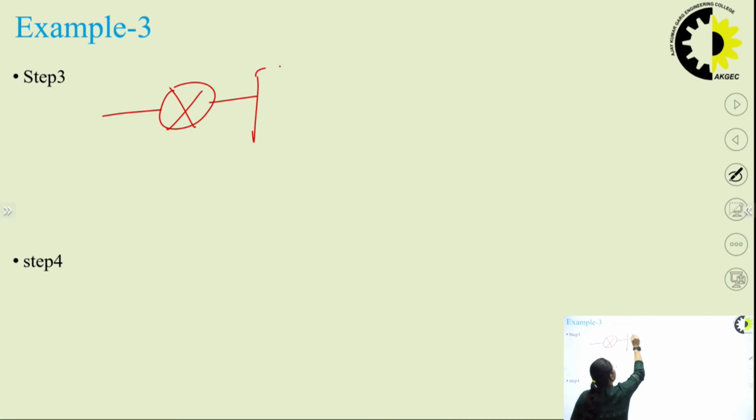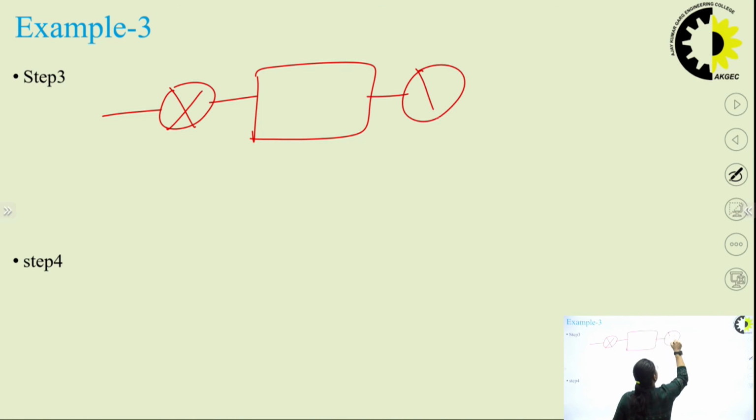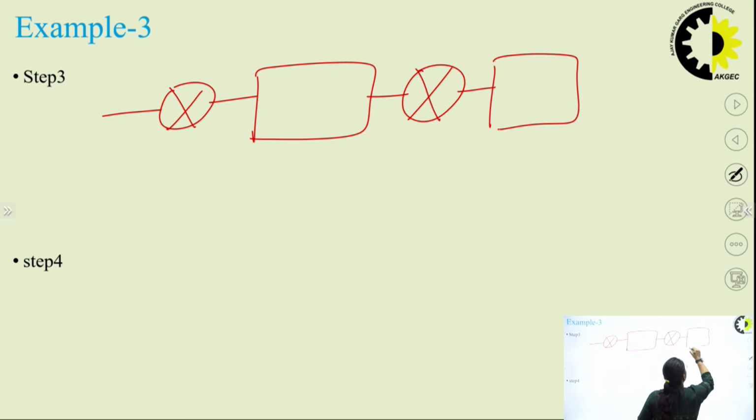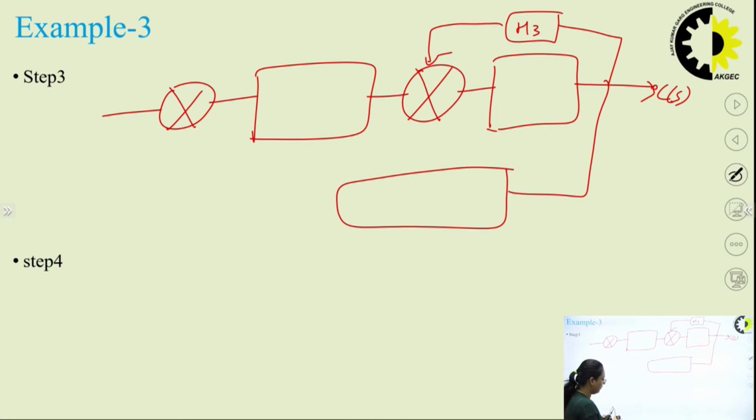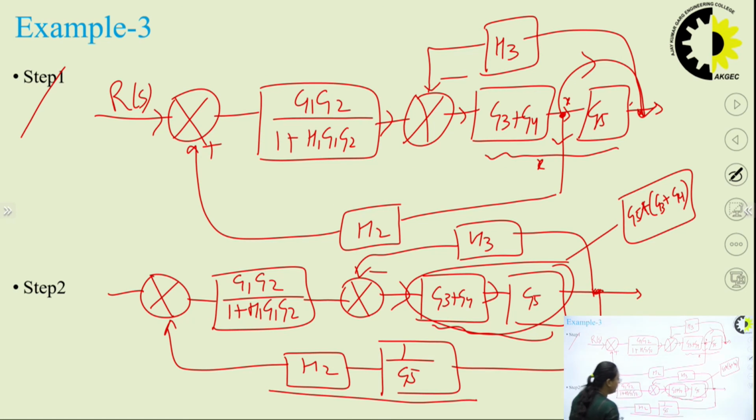So there is again this and a single block over it. This is C(s) I am getting over here, and another block here is H3 with the negative sign. Okay, and here I am getting these two blocks. I can also simplify these two blocks in series, then it will become H2 upon G5.